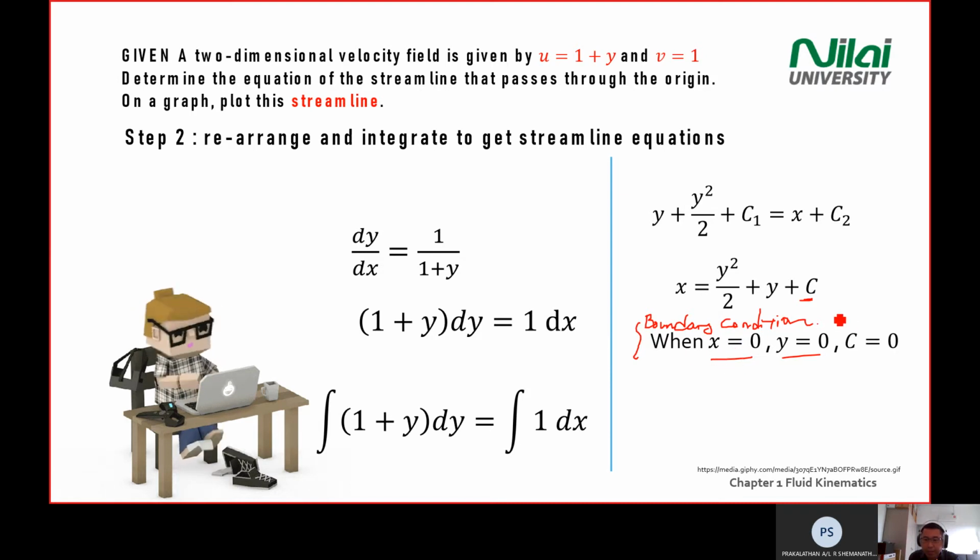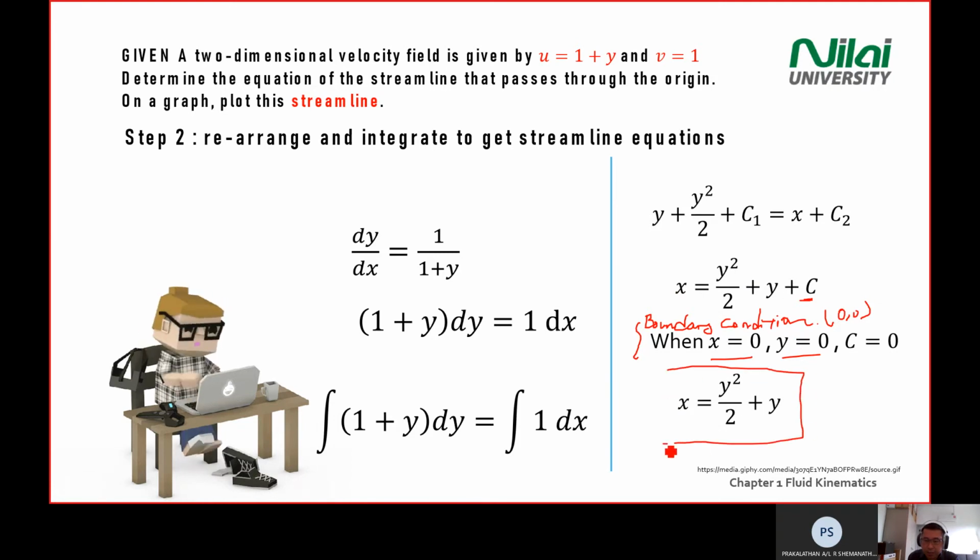You always start with the origin, x0, y0. So with x equal to 0 and y equal to 0, what is the constant value? C equal to 0. So you don't have a constant value in this case. This is the equation you're looking for.